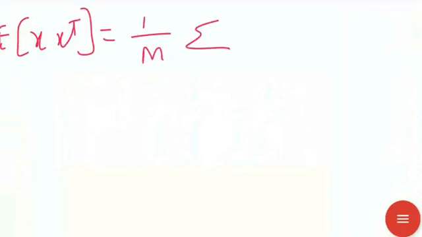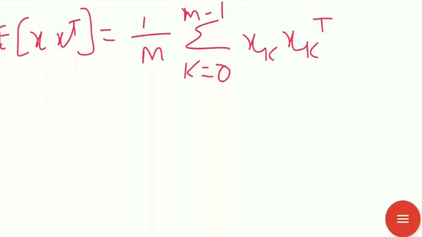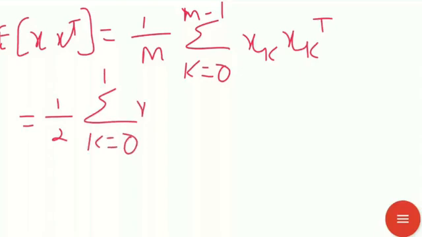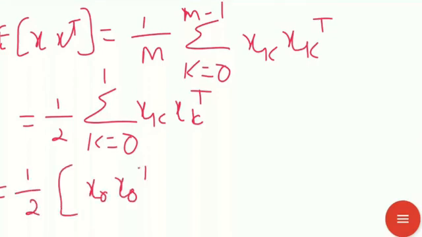Now find E of x x transpose. What is the formula here? 1 by m summation k 0 to m minus 1 xk xk transpose. That means here 1 by 2 summation k 0 to 1 xk xk transpose, 1 by 2 of x0 x0 transpose plus x1 x1 transpose.